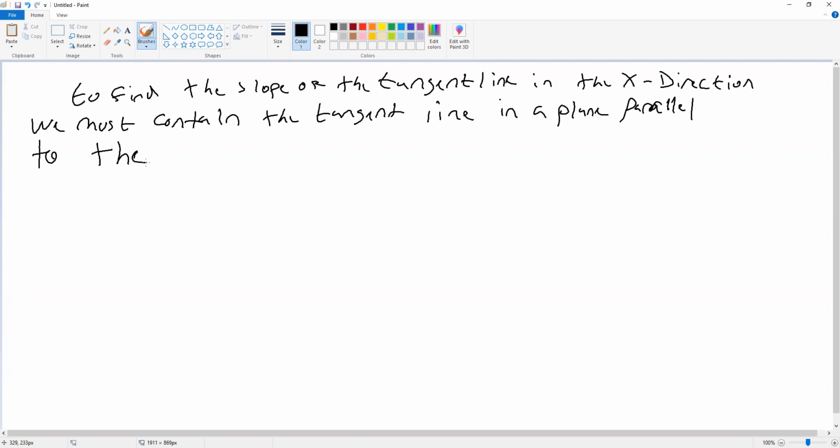Very, very close. And we want to look for the slope of the tangent line in the y direction. We must contain the tangent line in a plane parallel to the YZ axis.